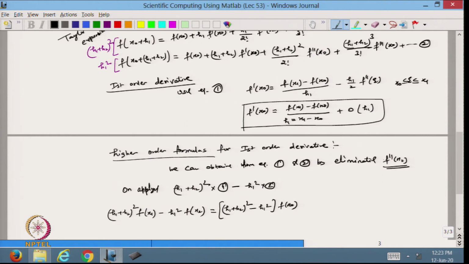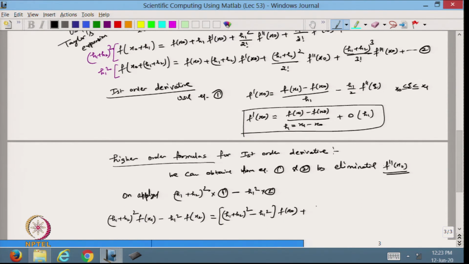Now, this one multiplied by h1, so from here I can write (h1 plus h2) square minus h1 square into (h1 plus h2) f dash x naught. Now, this will cancel out, because it will be (h1 plus h2) square into h1 square divided by 2, and this will be (h1 plus h2) square h1 square divided by 2. So, this will cancel out, and from here I can write the next term.